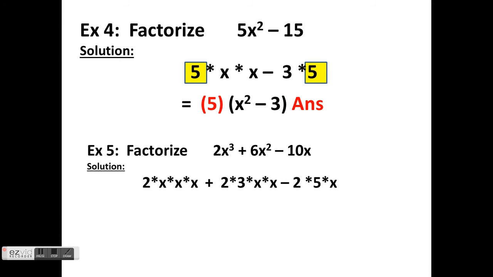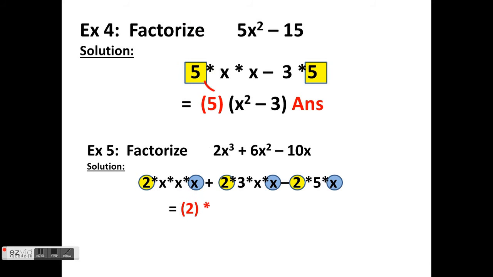So we have broken. Now first we can see 2 common, and again we search, x is common. So we will take both the factors outside.